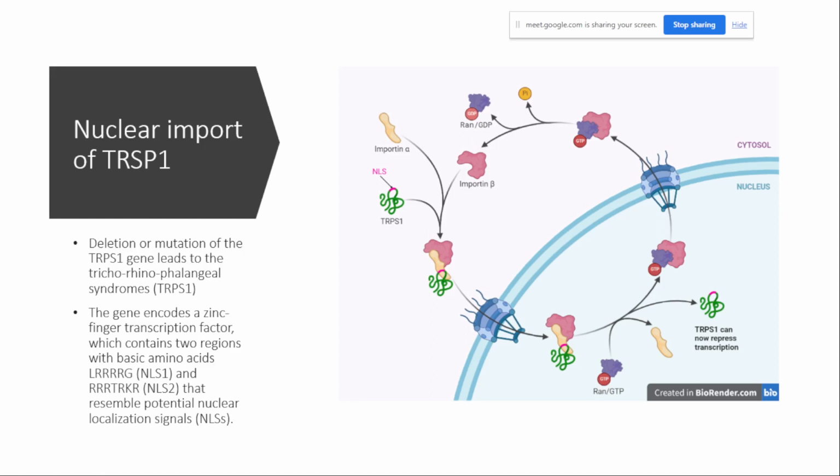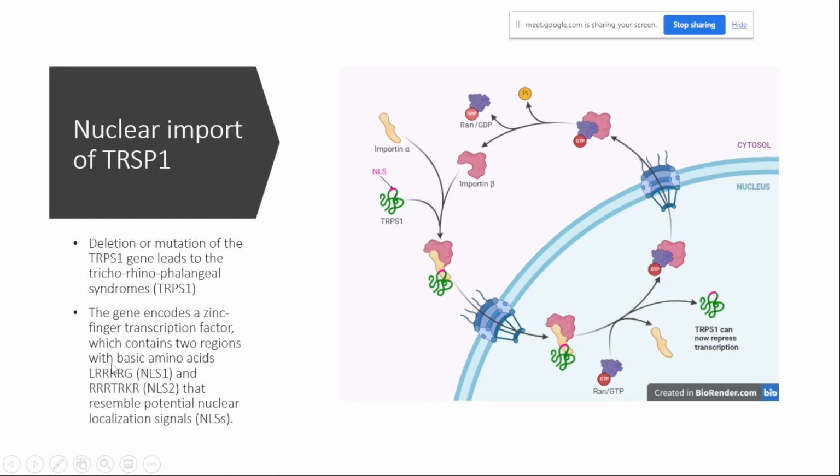Just tell me one thing: if I ask you to design an experiment to check whether a protein, TRPS1, in one case you have the wild type TRPS1, and in the other case you have TRPS1 with the NLS mutated, you have mutated all the arginines.